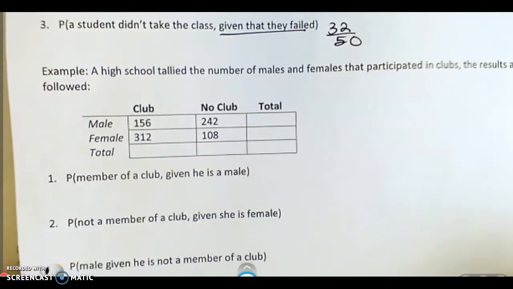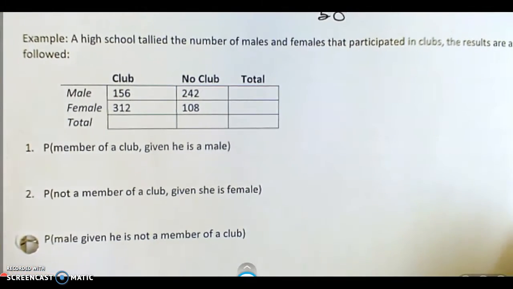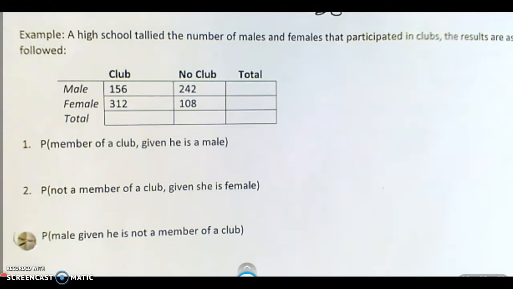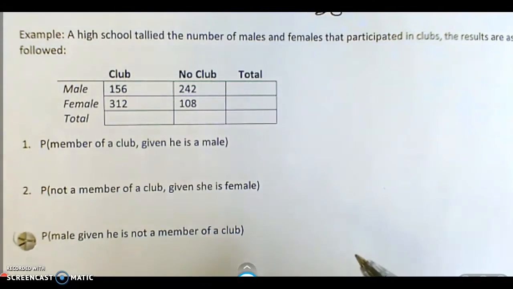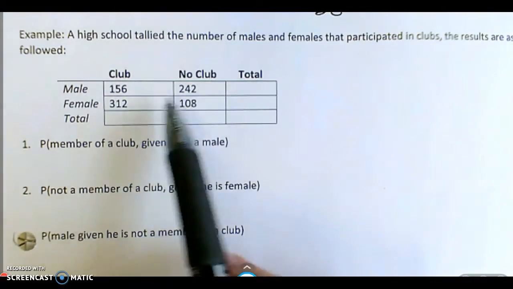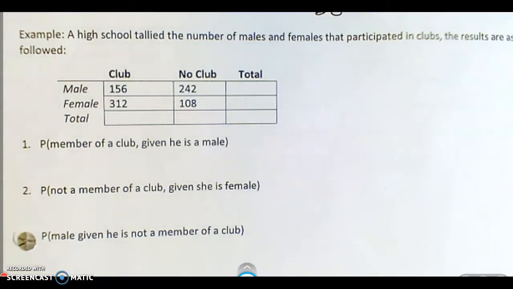Okay, let's look at another example. And maybe I can get all of these on the same page. So here we're talking about male and females that participated in clubs. Remember, the first thing you need to do is figure out your totals. So right now I'm just adding these together.